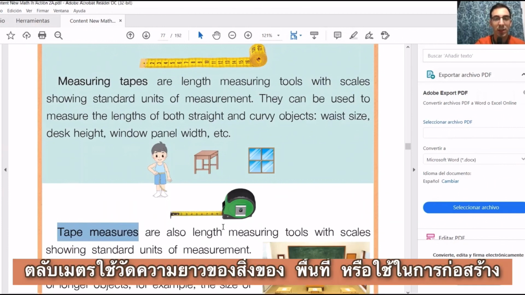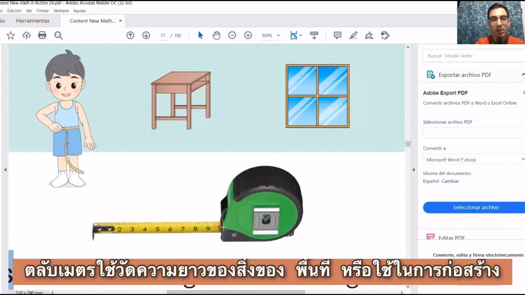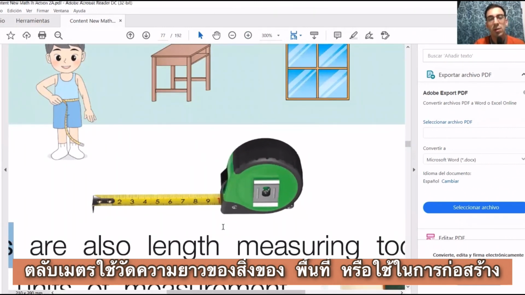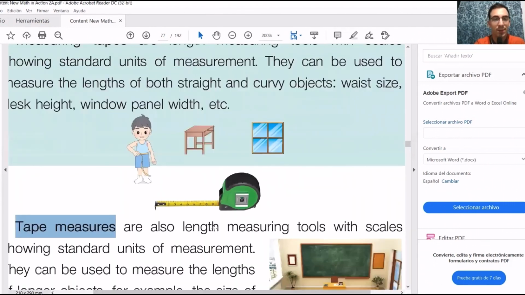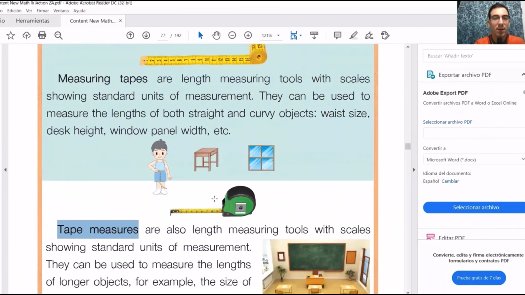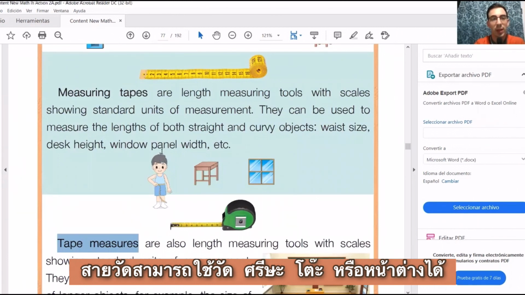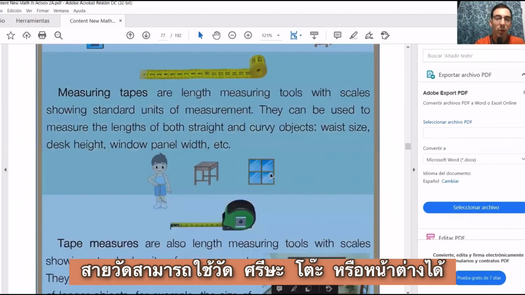What is a tape measure? This is a tape measure. It is mostly used for construction work or to check the measure of materials for construction. With measuring tapes, we can measure the height of a person, or the height or width of a desk or a window.